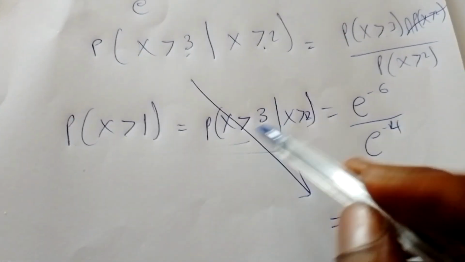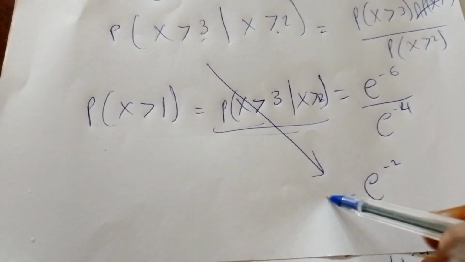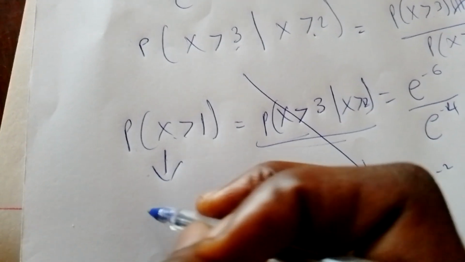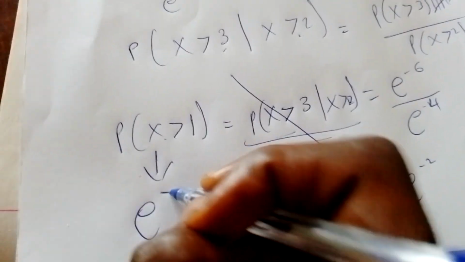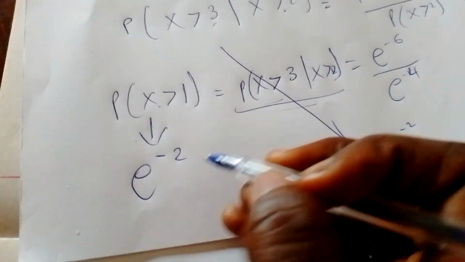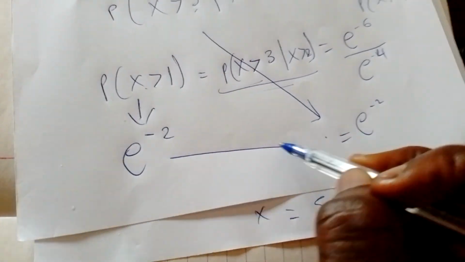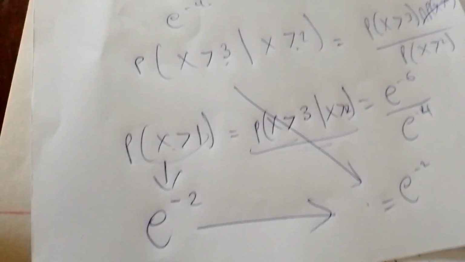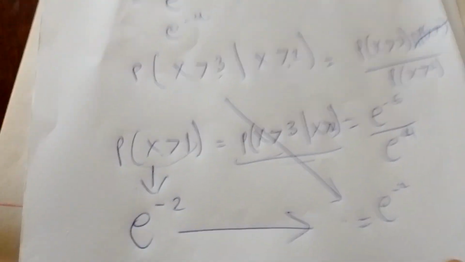We know this is equal to this, so let's do this one. It would be e power negative lambda, which is 2, times x is 1. From this you find that this one is actually the same as this. So that's how we solve these.